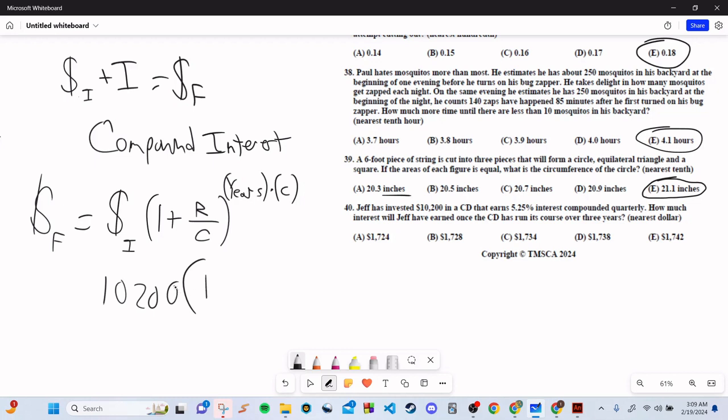So we're going to do 10,200 times 1 plus, and so we want to write our percentage in decimal form, so that's 0.0525. It's compounded quarterly, so that's 4, raised to the power of 3 times 4.